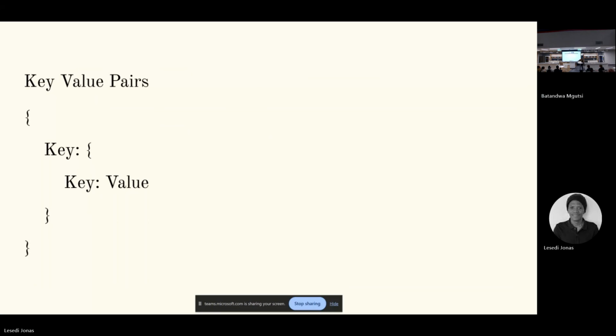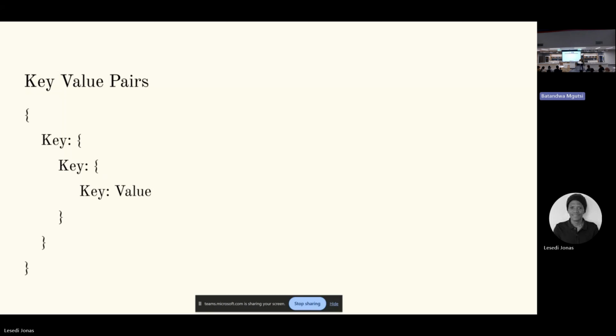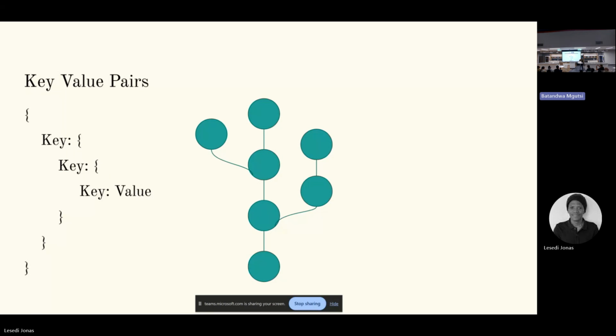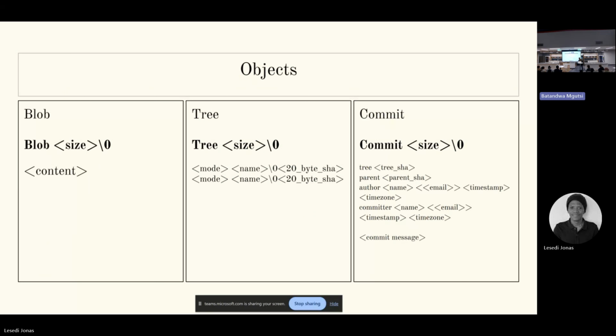You find a key value pair within a key value pair, within a key value pair, until you eventually get a graph. These key value pairs essentially take form as objects, right? And in Git, we have 4 different objects, but I'm just gonna focus on 3, to simplify things.